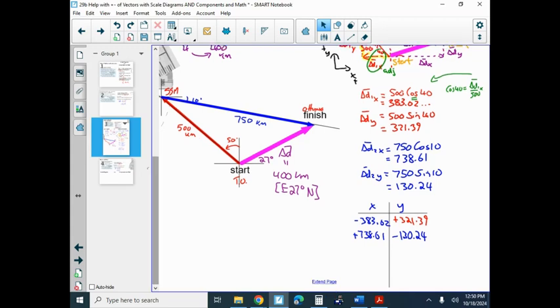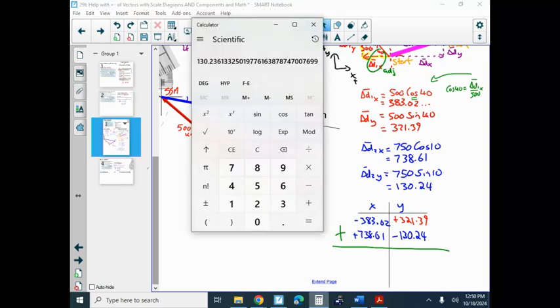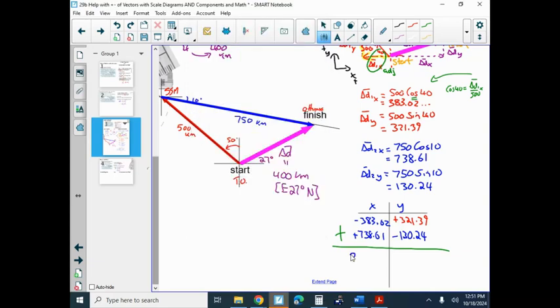And so very much, you're just adding those up, right? You're just adding those up, getting your totals. So we're going to have the 738.61, and I'm subtracting the 383.02. Or you could do negative 383.02 plus the 738.61, but this is just how math works, so it's right. 354.99.